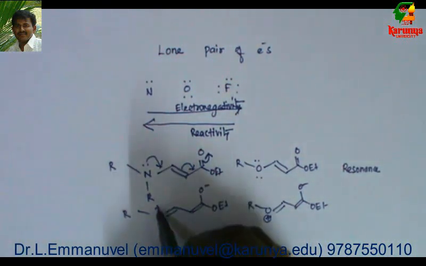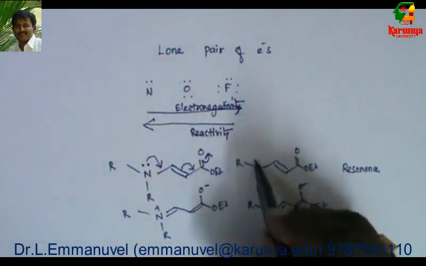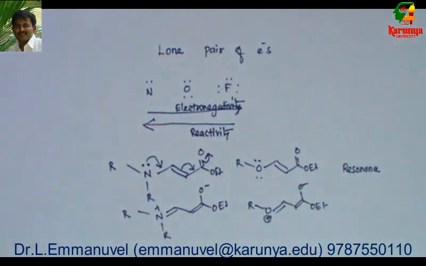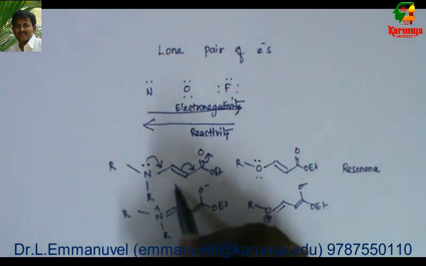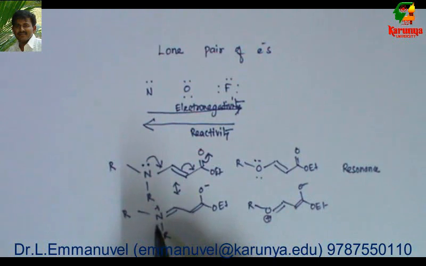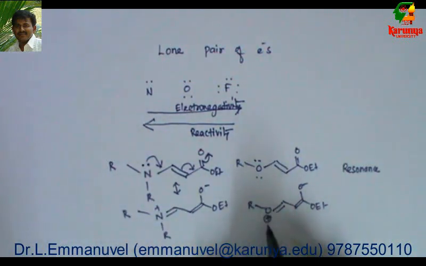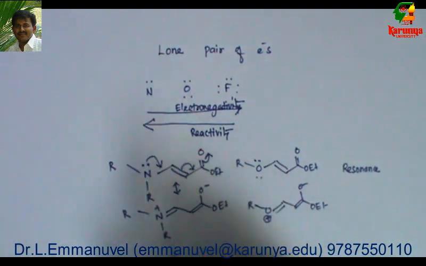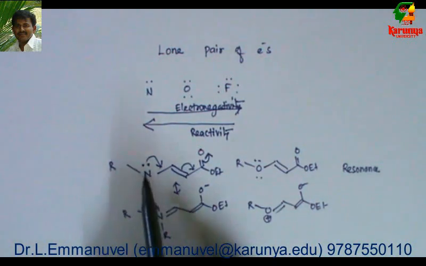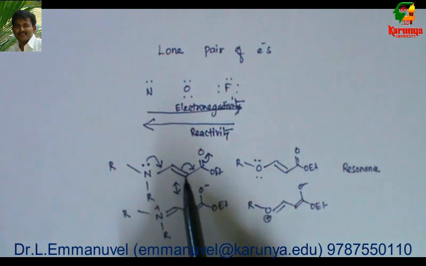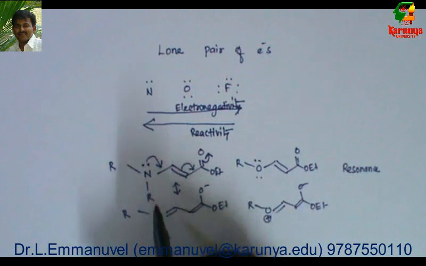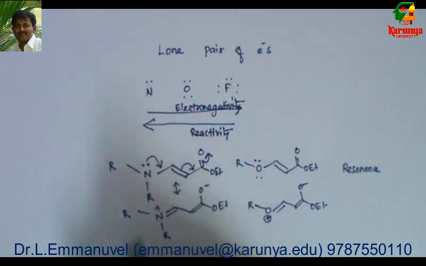Now, what about the nucleophilicity of this lone pair of electrons? You can see clearly in this, the lone pair of electrons is not available on nitrogen or oxygen. So this cannot act as nucleophile. When the lone pair of electrons is in resonance, the nucleophilicity of this group has decreased.